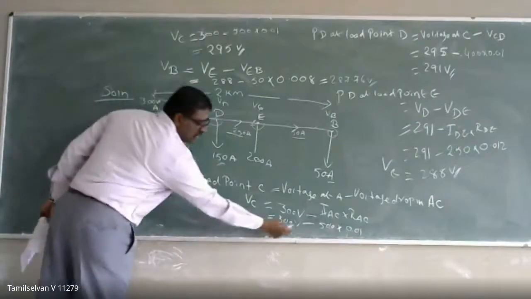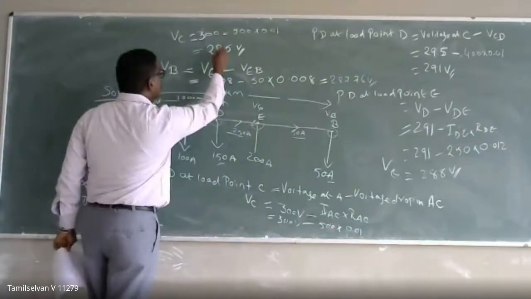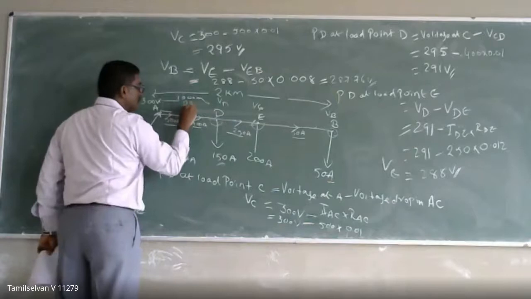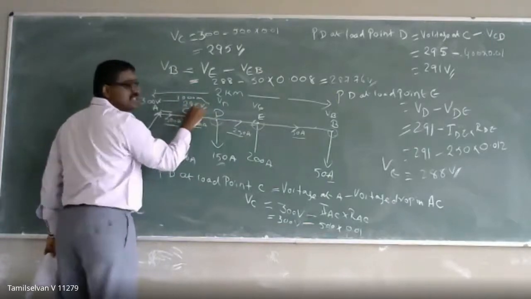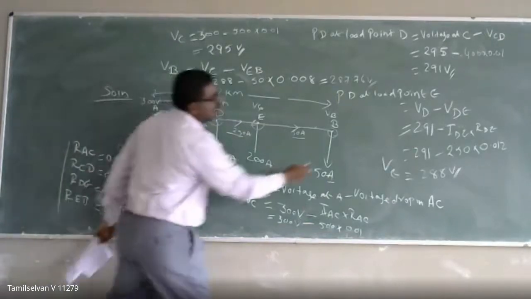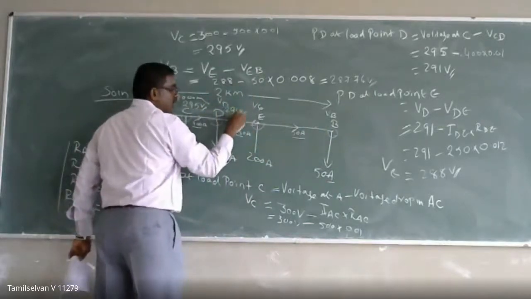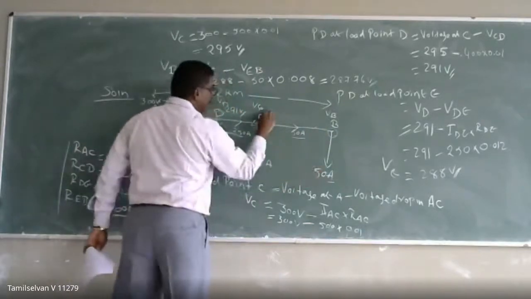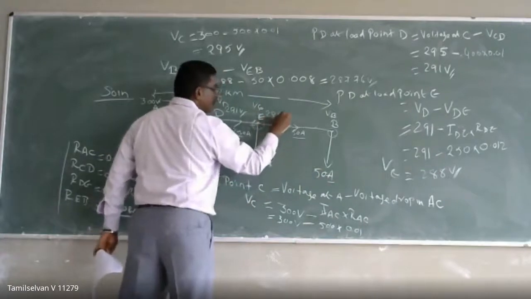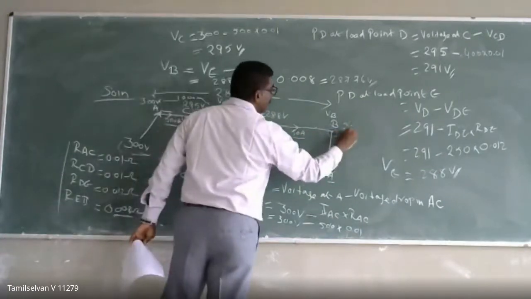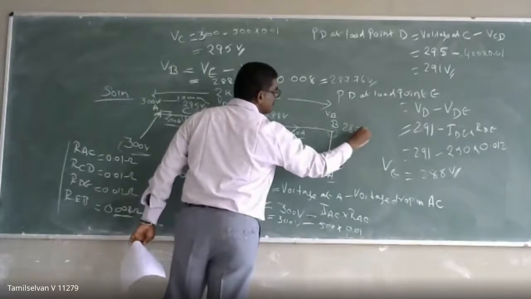At C point, the potential is 295 volts. At D point, 291 volts. At E point, 288 volts. At B point, 287.76.